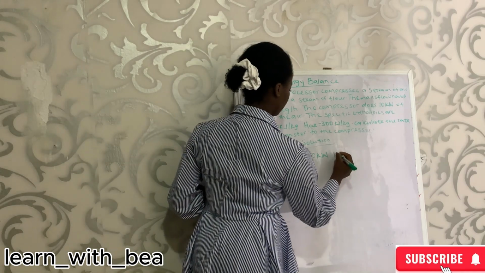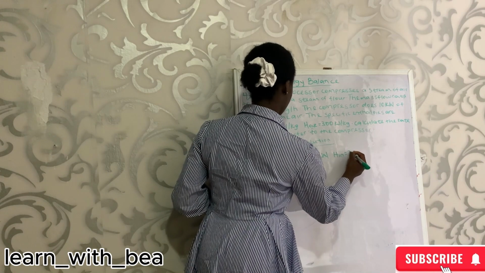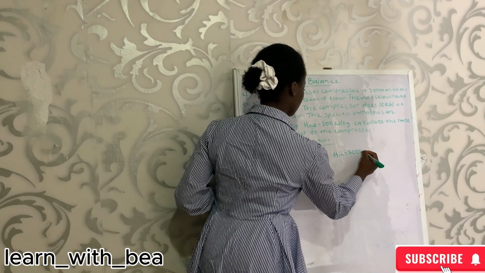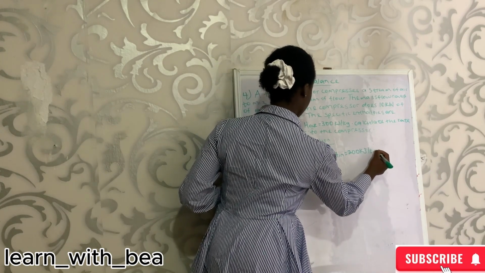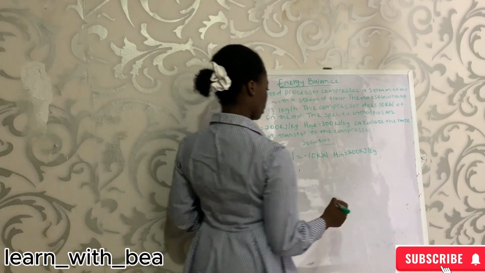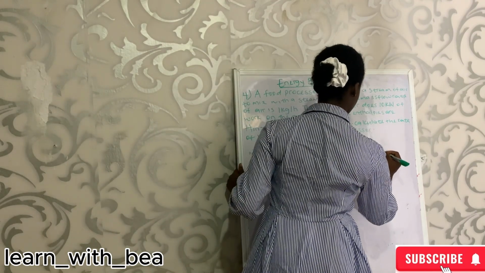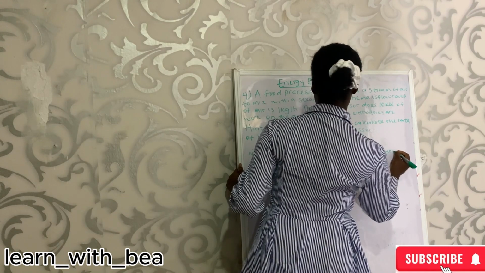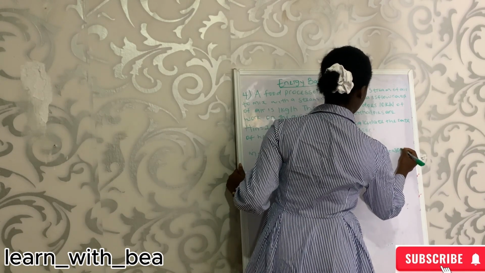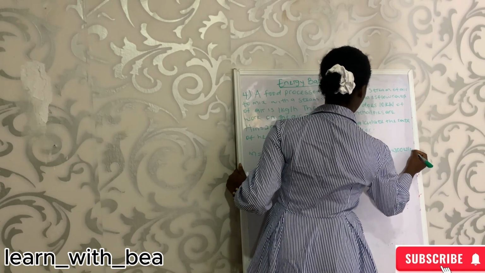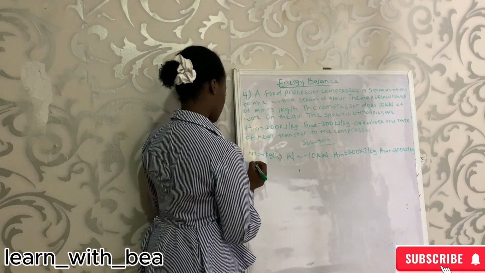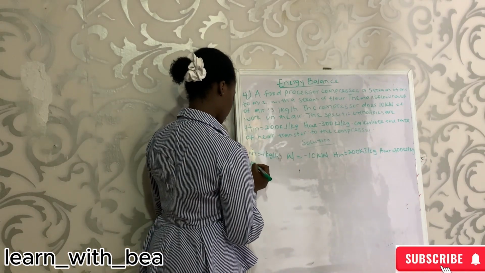The specific enthalpies are H in equals 200 kilojoule per kg, and H out is 300 kilojoule per kg. So calculate the rate of heat transfer.